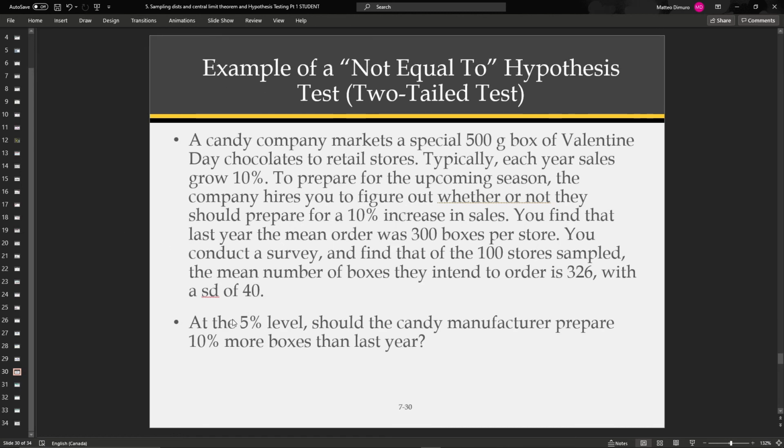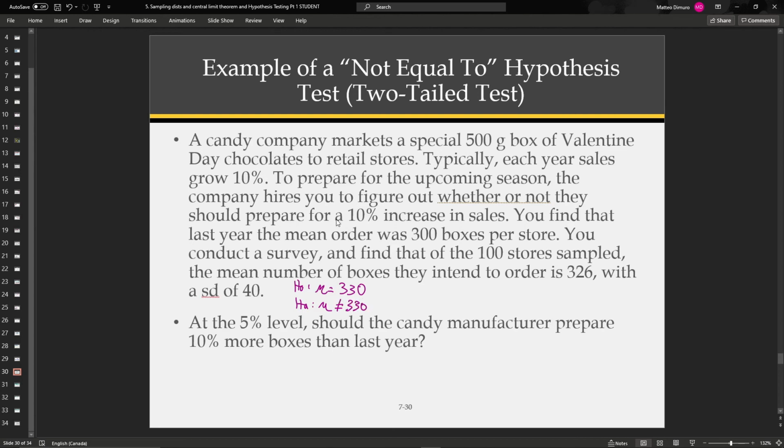So, why is this a two-tailed test or not equal to? Well, they either do or they don't. There's no less than or greater than if you read this question. Okay, so either we have the HO that the mean is equal to 330, which is 300 and then 10% more, or we have the HA that it does not equal 330, right?